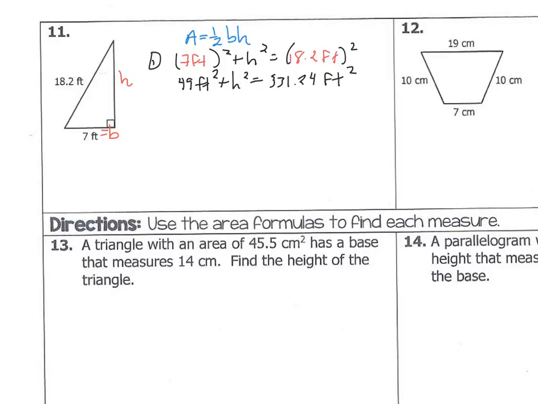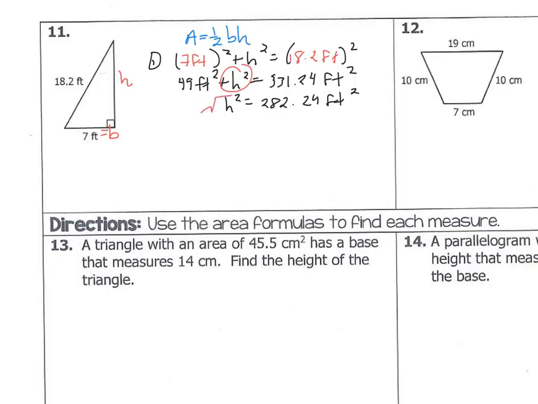How are you going to get h squared by itself? Subtract the 49. So you get h squared is equal to 282.24 feet squared.